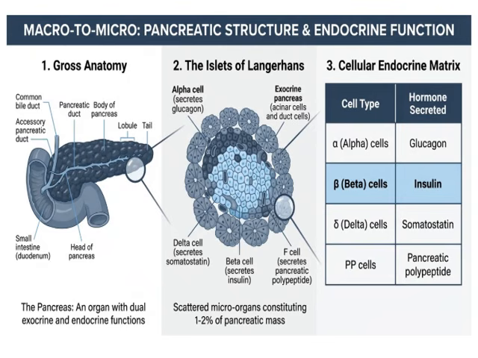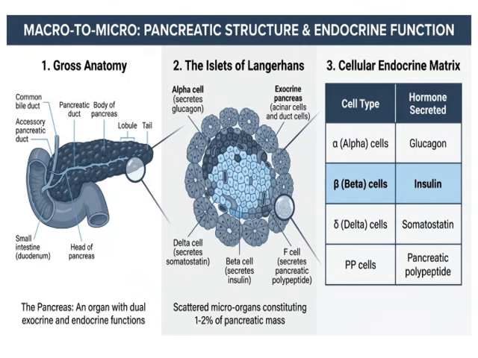And within these islets, we find a cellular matrix with alpha cells, delta cells, beta cells, and F cells. Alpha cells secrete glucagon, beta cells produce insulin, the delta cells secrete somatostatin, and F cells secrete pancreatic polypeptide.